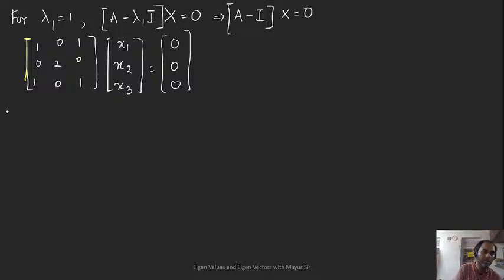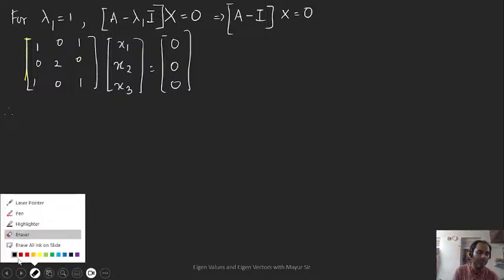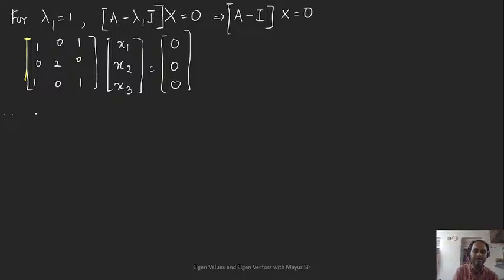Now comes the main part, what to do and how to handle. We will be finding the rank of this matrix using the row echelon method.